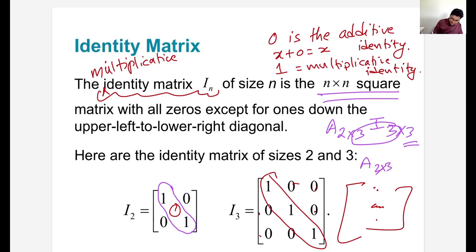Okay, and what is the property? I'll write that in equation here. A times I or I times A will result in A, like the number 1. Okay, then you might wonder, is there a parallel of the additive identity? And the answer is yes. The parallel for the additive identity will be what we call the zero matrix.